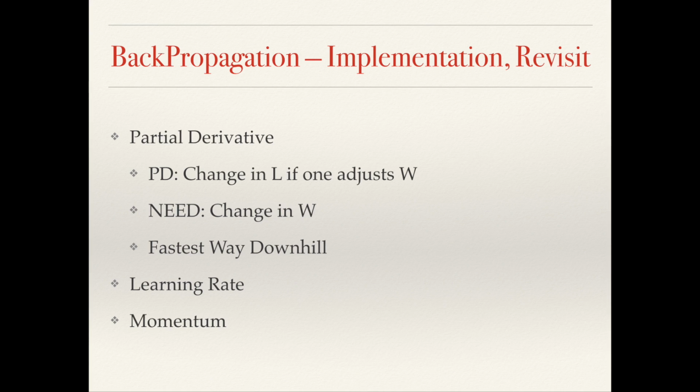Actually, the goal in each iteration of the training of the model is to know how to adjust the model parameters W. But in fact, the partial derivative the model computes is not the change in W, but how the change in L would be if we change W in a specific way.